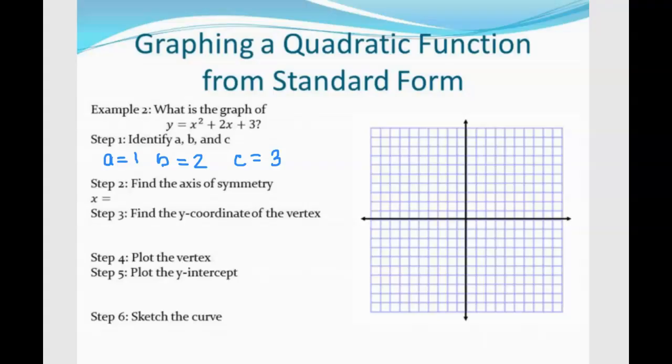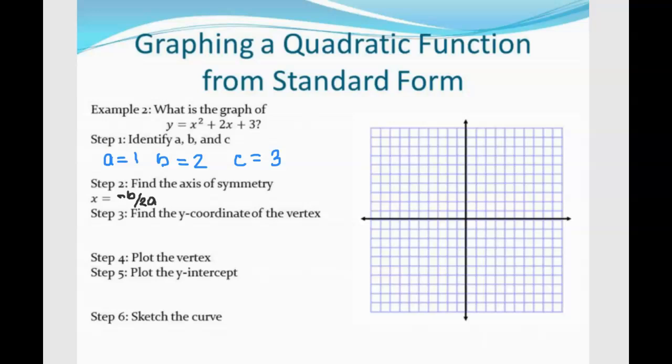The reason we find and identify a, b, and c is to identify our axis of symmetry. The equation of the axis of symmetry in standard form is negative b divided by 2 times a.